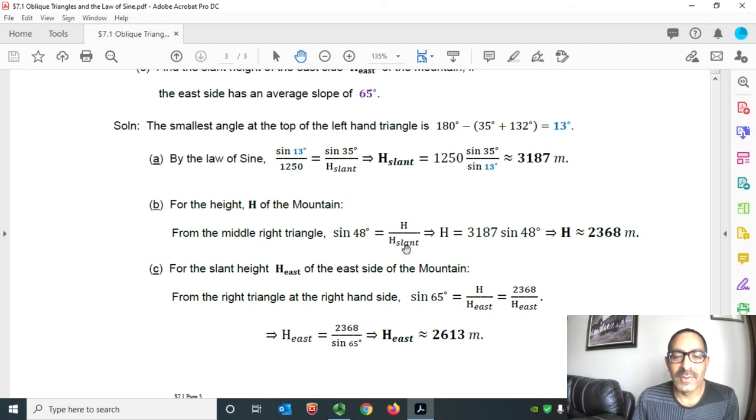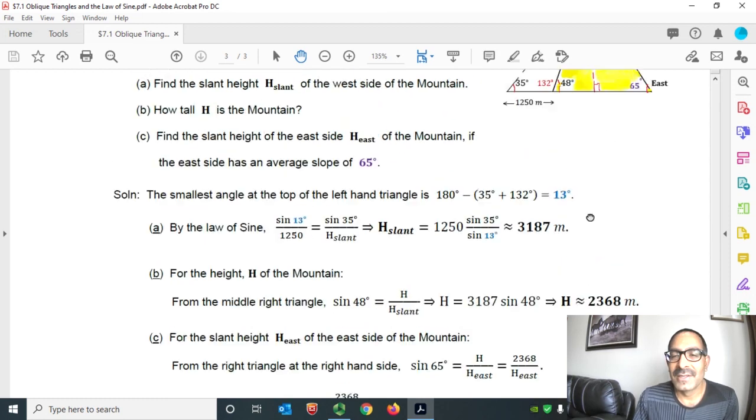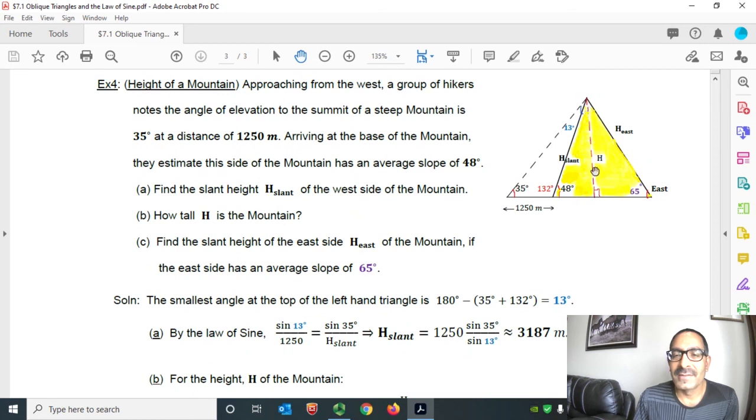By cross multiplying and rearranging, h equals sine 48 degrees times h slant. We know h slant from part A, 3,187, times sine 48 degrees. Using a calculator, the actual height is approximately 2,368 meters. So we found this height.